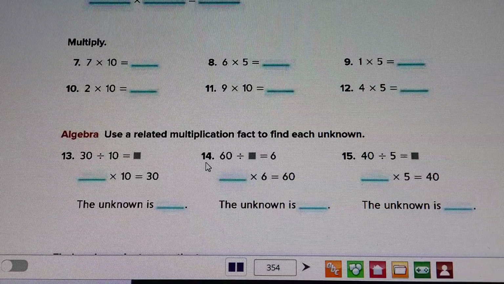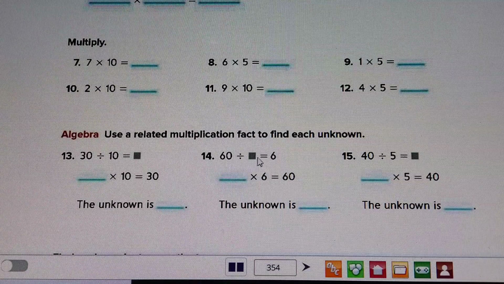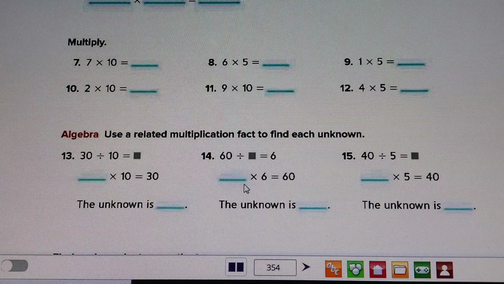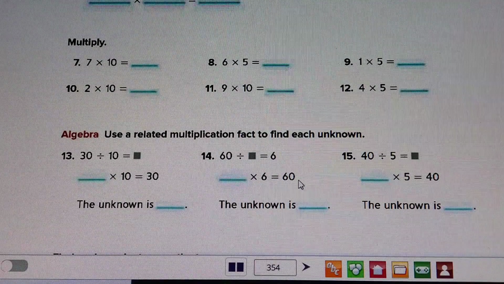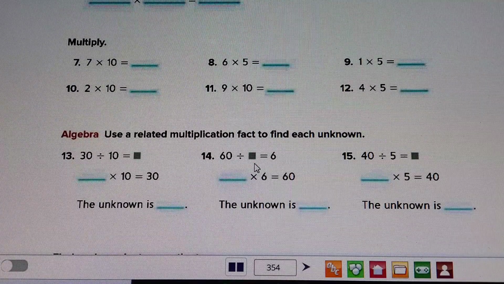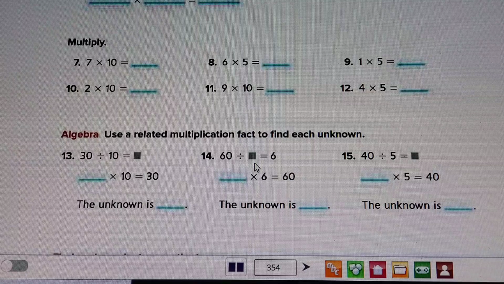Number 14, 60 divided by unknown equals 6. Unknown times 6 equals 60. Again, the line and the unknown square are the same number.